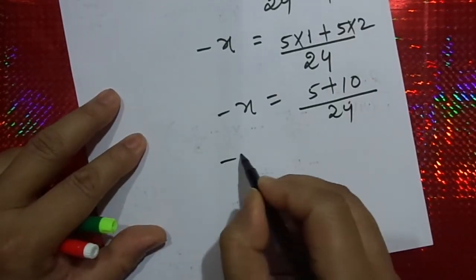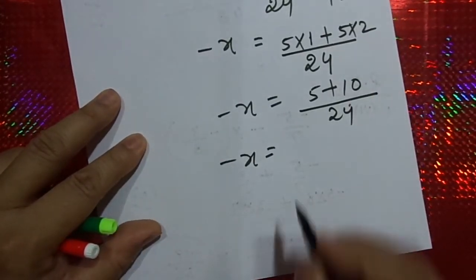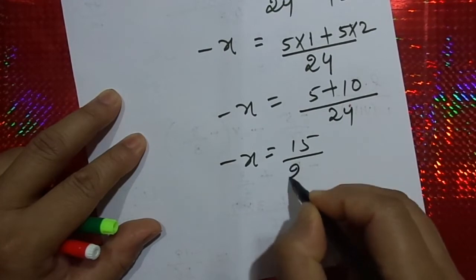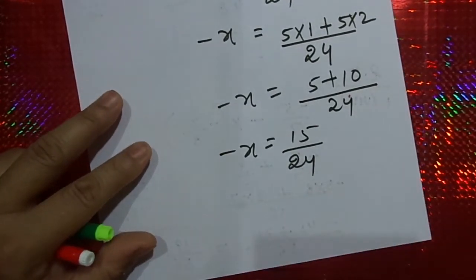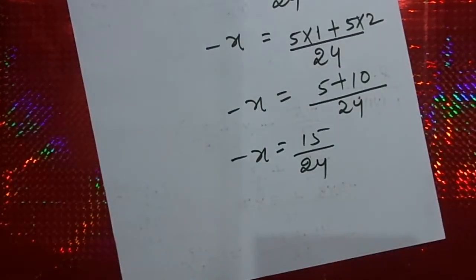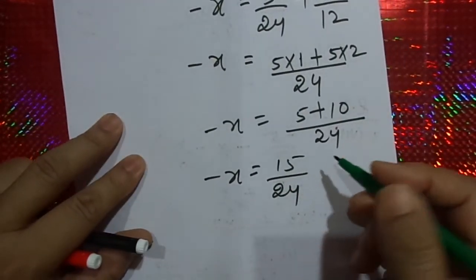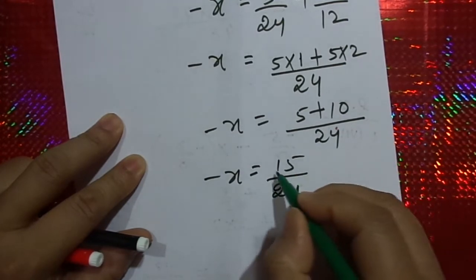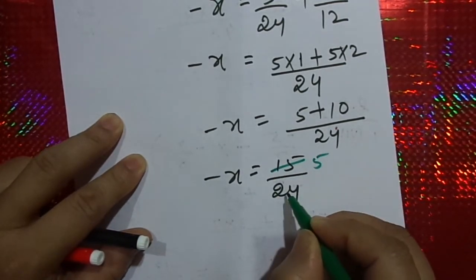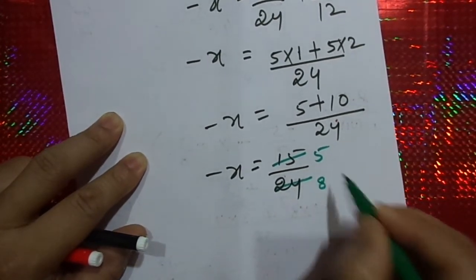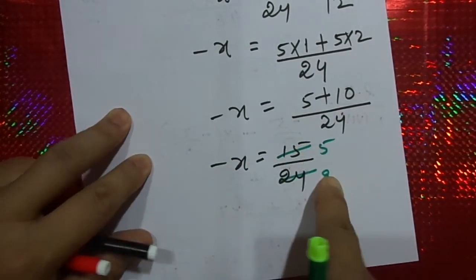Minus x will be equal to 15 by 24, or on cancellation, at the end we'll see if they cancel. Therefore 3 fives and 3 eights. Minus x is equal to 5 by 8.